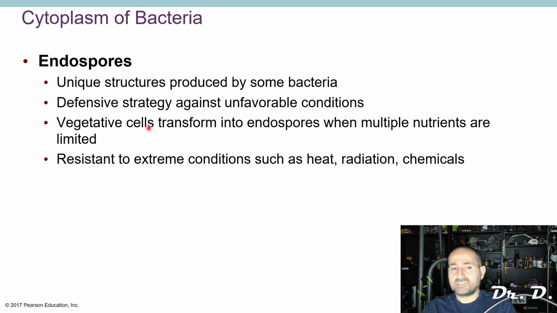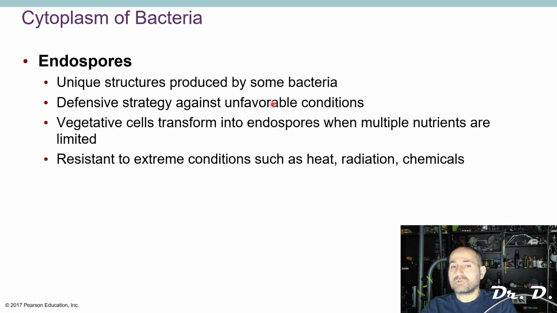If the normal vegetative cell senses a poor condition, such as not enough nutrients, too much UV, too much heat, too much salt, too cold, whatever, the cell can transform into an endospore, where it forms this highly resistant spore. This endospore can withstand horrible conditions, such as heat, radiation, chemicals.